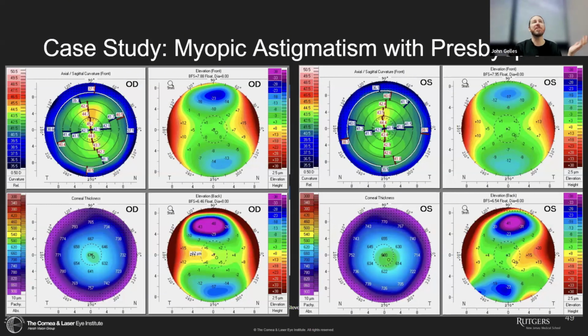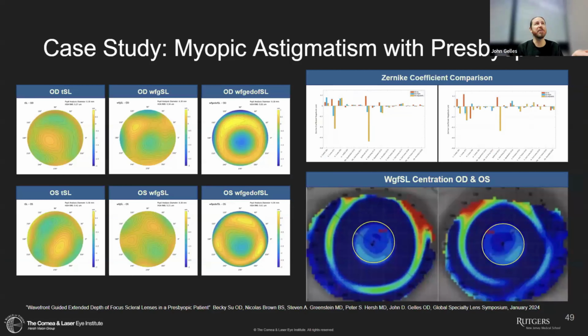So this was just a normal eye patient with myopic astigmatism and presbyopia. I fit this individual with a scleral lens, and you can see we did the traditional lens, added our wavefront guided optics, and then layered on a multifocal to induce spherical aberration.